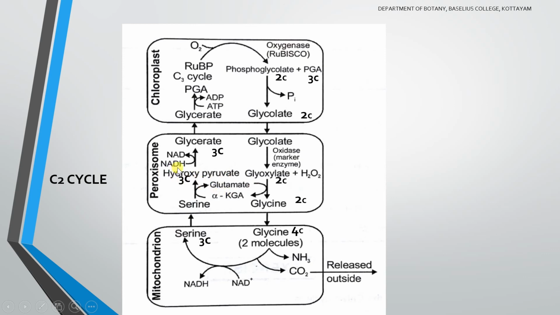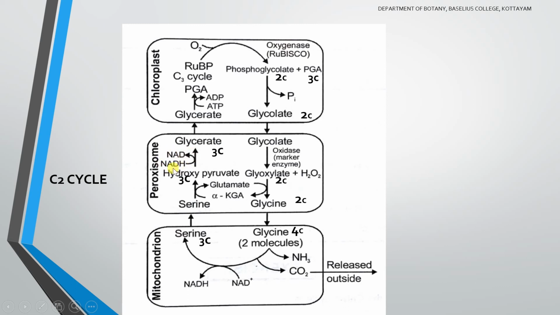Okay. Now the 3-carbon acid hydroxypyruvate in the peroxisome undergoes a reduction process or hydrogenation process. That means addition of hydrogen. So by the addition of hydrogen to hydroxypyruvate, glycerate is forming. So for the addition of hydrogen, coenzymes are needed.